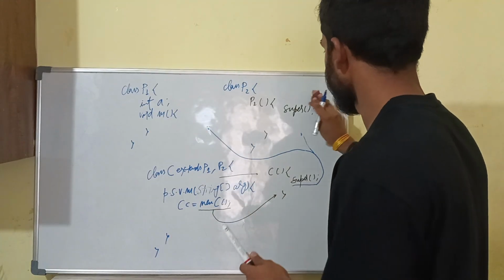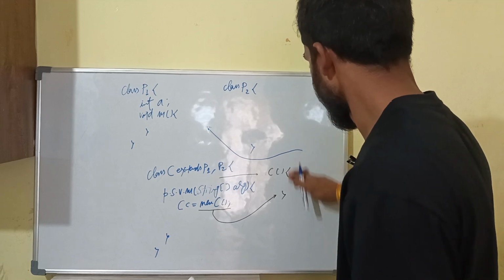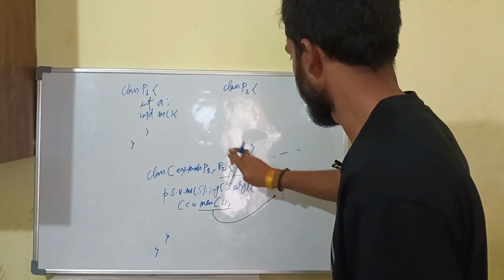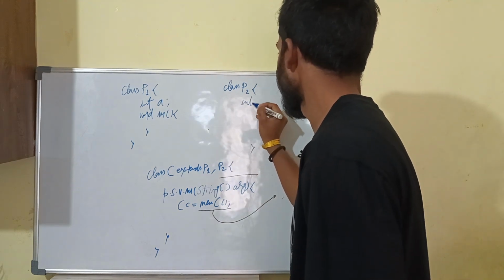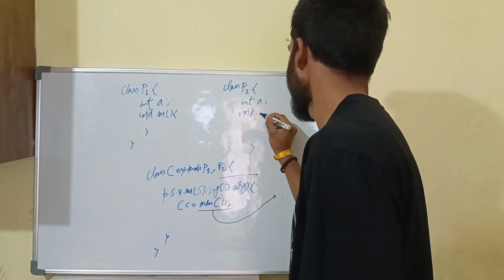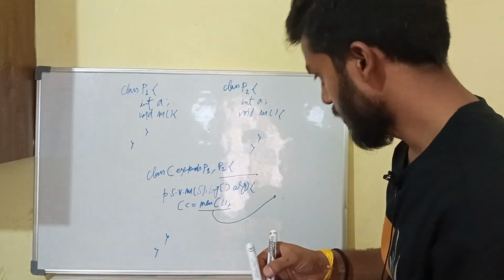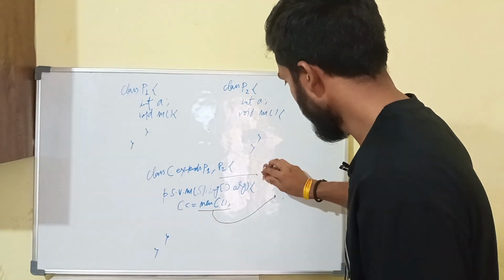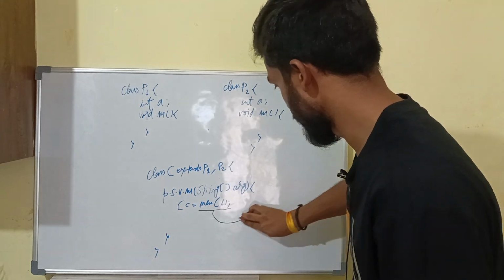In class P2 also I have one field of the same name a and the same method name m. Why did I make this? Let us understand that.